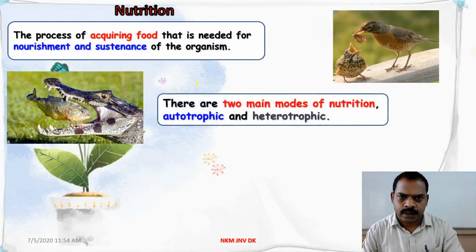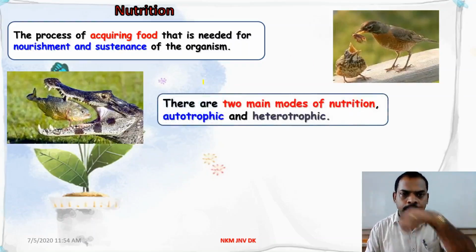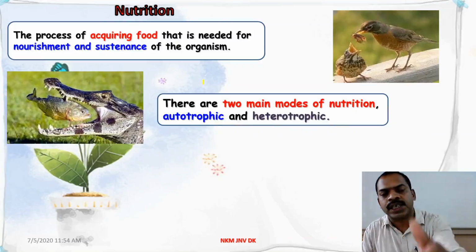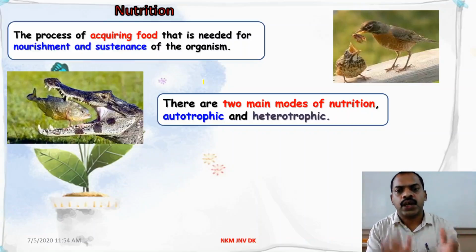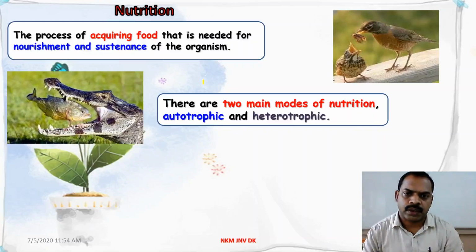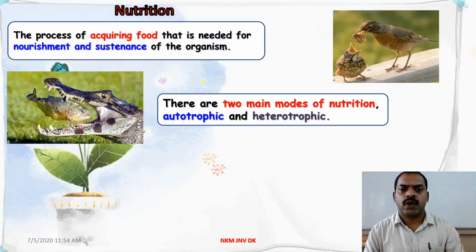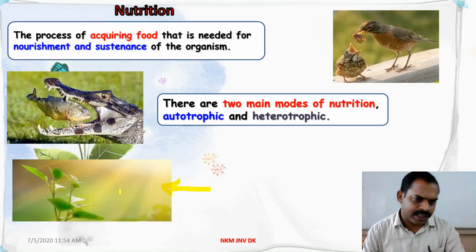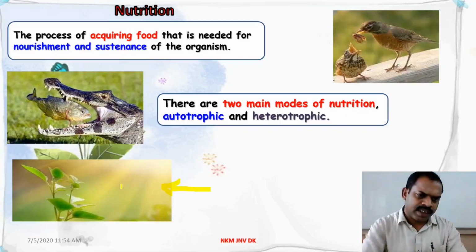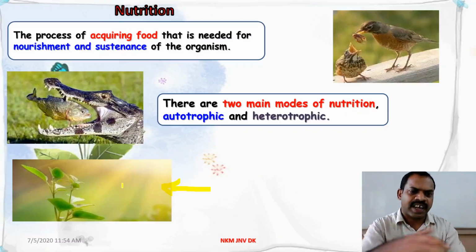So basically we divide nutrition into two types. One is autotrophic nutrition, the other is heterotrophic nutrition. We studied these in the lower classes, of course. Let us see once again. The plant shown over here, what is it doing? It is receiving sunlight.